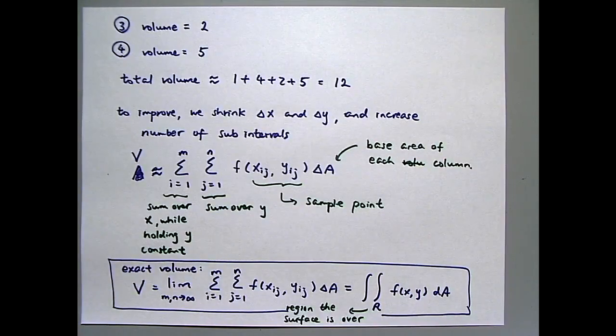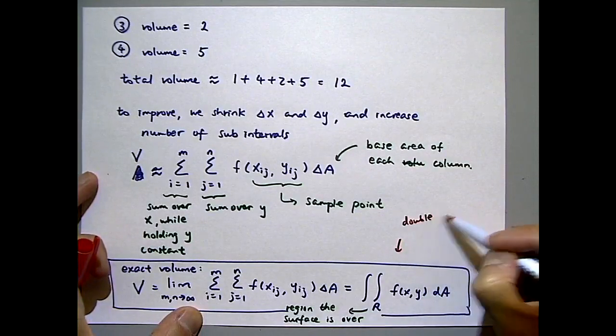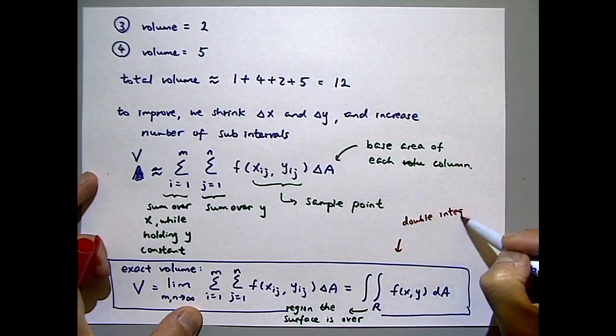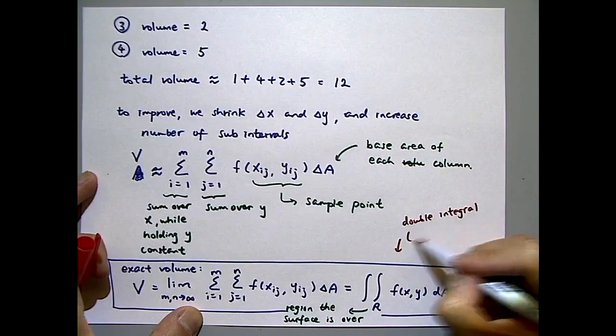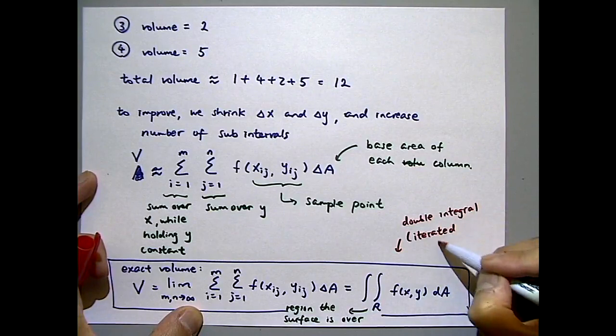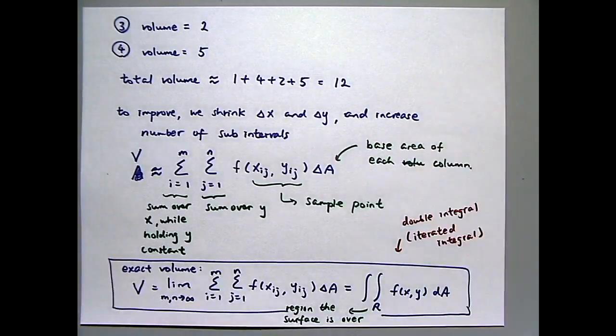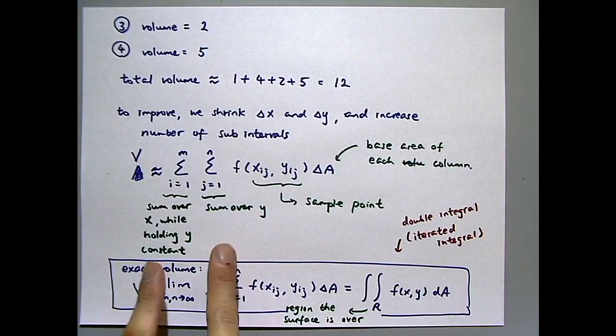All right, so this is called a double integral for obvious reasons. Sometimes called the iterated integral. And it's called iterated because of this double sum here.